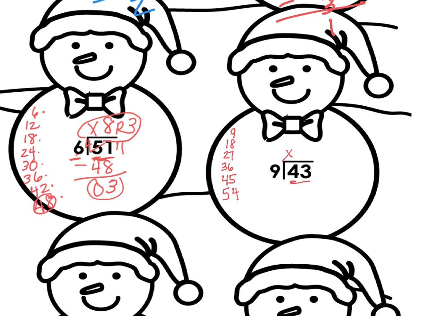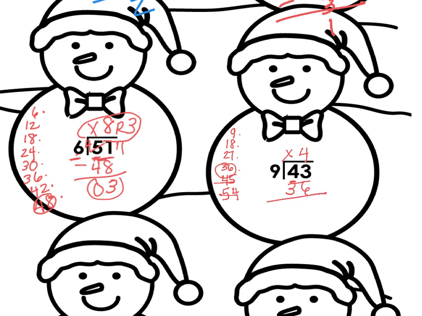Uh-oh, look at Mrs. Hagen went way over, didn't I? This one's too big, this one's too big, but look at this one. That's the magic number, isn't it? How many 9s was that? 1, 2, 3, 4. So I put my 4 up here, and then I say, what is 4 times 9? 36. That's going to be my number that I subtract.